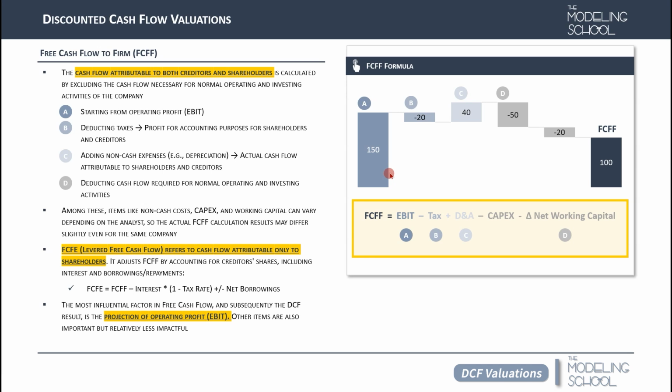So if you consider this an interview, how would you explain that? Despite the fact that FCFF is more complex, most people are using FCFF. Why is that? Well, there are different opinions on this, but I think generally the most persuasive answer is that net borrowings are very tricky to estimate.